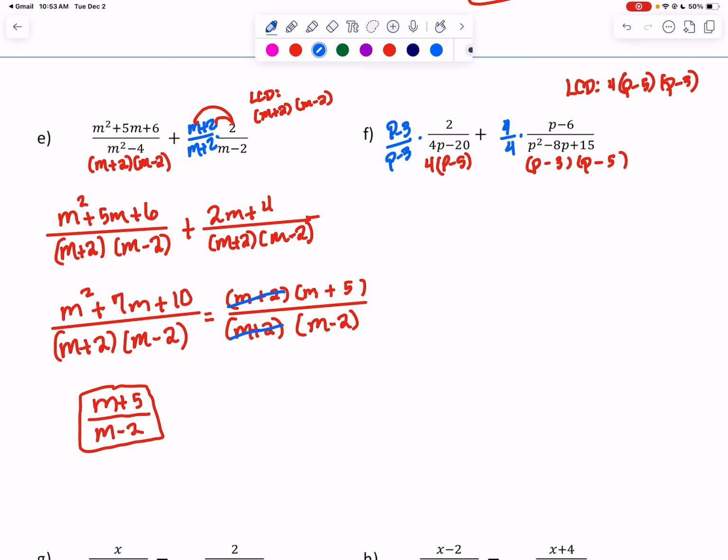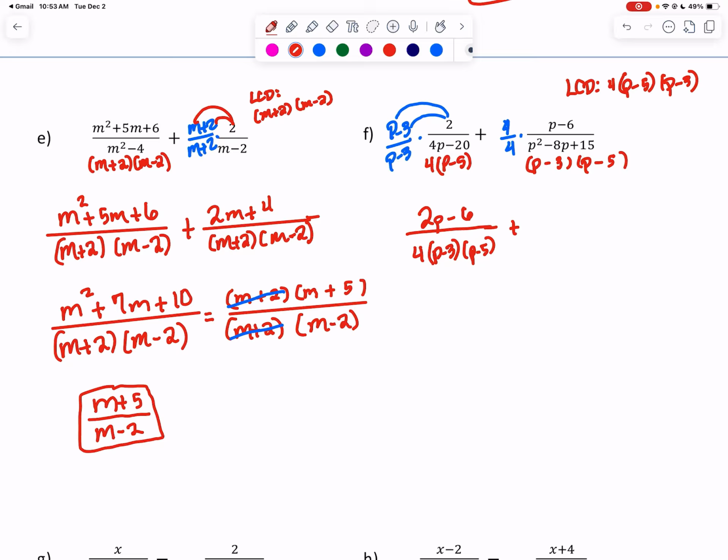All right, welcome back. Hopefully you multiplied this top numerator 2 by p minus 3 to get 2p minus 6 over 4 p minus 3 p minus 5. Again, it doesn't matter what order you write your denominator down in.